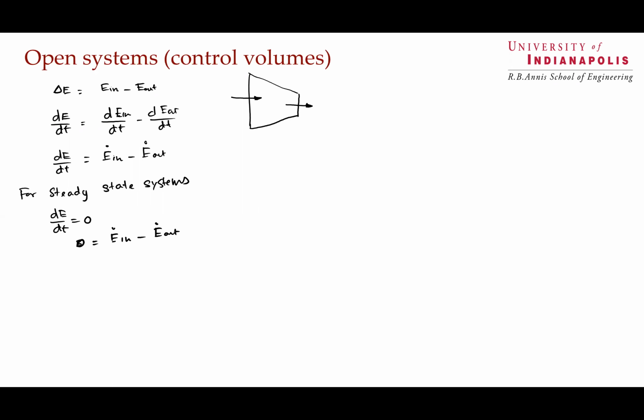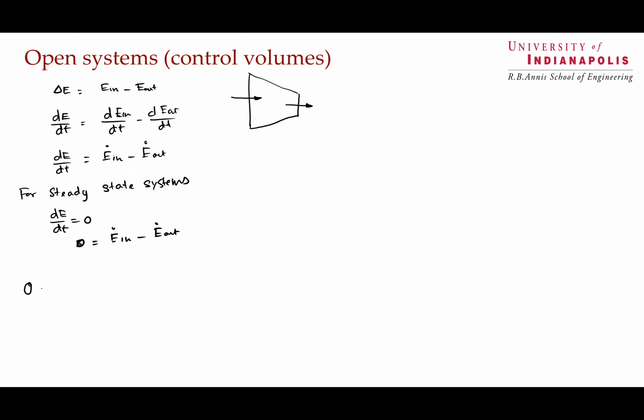Similar to closed systems, the mechanisms of energy transfer are still heat, work, and mass. So in this case, mass is also crossing the boundary. So energy transfer takes place when the mass crosses the boundary.